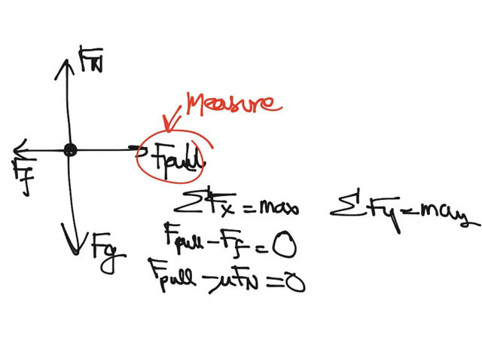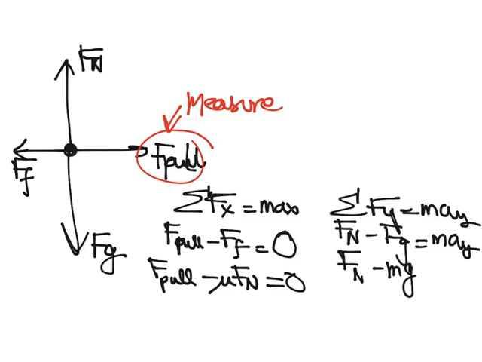In the y direction, it's up minus down, so we have Fn minus Fg equals m times Ay. Fn has no equation, so we just rewrite it. We know Fg is mg, and this thing is not going to be moving through the desk, so may is 0. We can solve this for Fn is equal to mg.